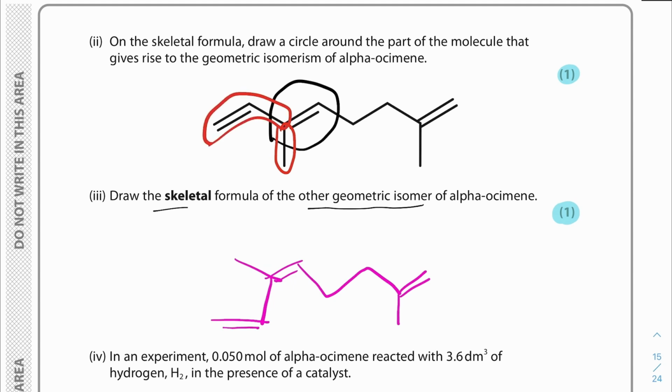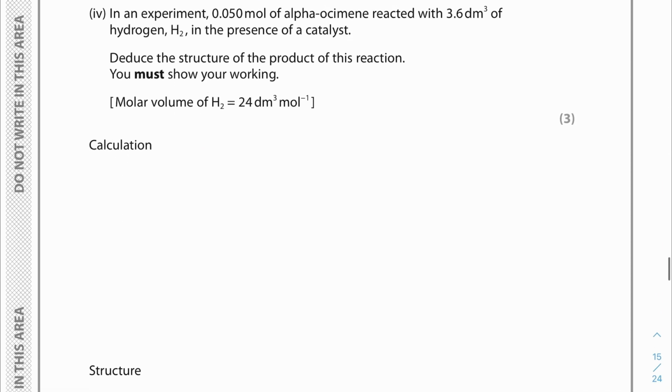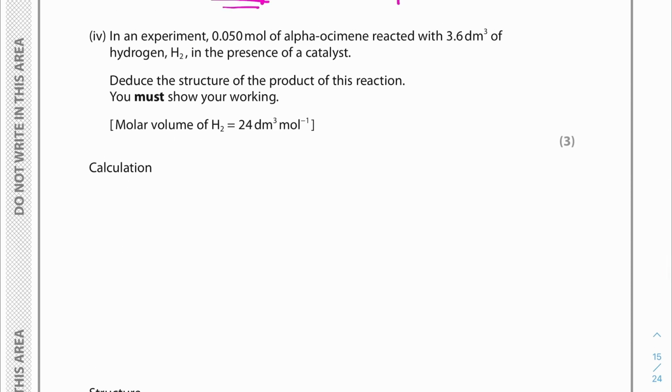Okay, so part IV. In an experiment, 0.05 moles, so that's important, 0.05 moles of alpha oximine reacted with 3.6 dm cubed of hydrogen in presence of a catalyst. Deduce the structure of this product. You must show your working. So we know that it reacted with the 3.6 dm cubed, right?